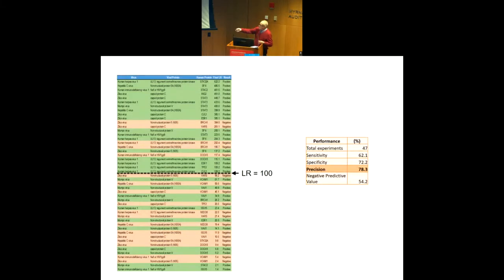So you probably can't read this. I can't. This is the virus protein, human protein, and LRs. And the point to see here is that above an LR of 100, which we would call a positive prediction, everything in green was validated. Everything in orange was a false prediction.